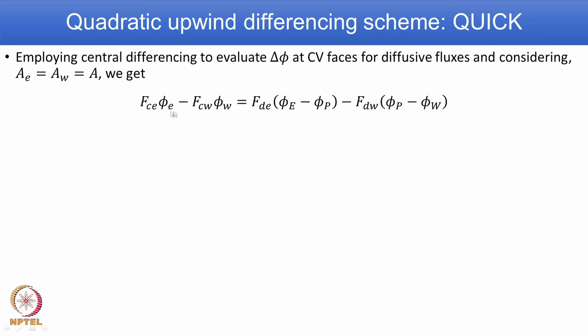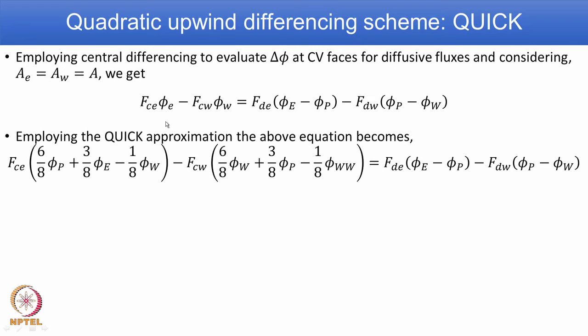We have learned also how to evaluate the variable value on each phase. So, if you now apply the QUICK type of approximation to get this variable value on phases, you get this substituted, as we have just now seen. So, we can substitute for phi at E and phi at W by the QUICK approximation, and you get this expression.